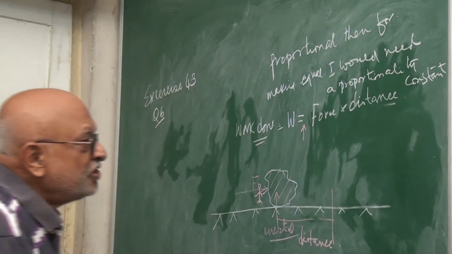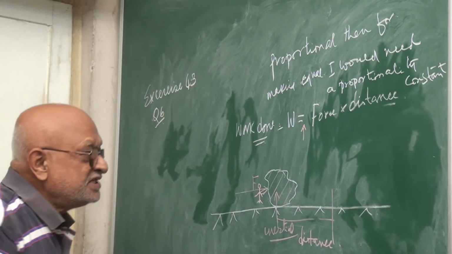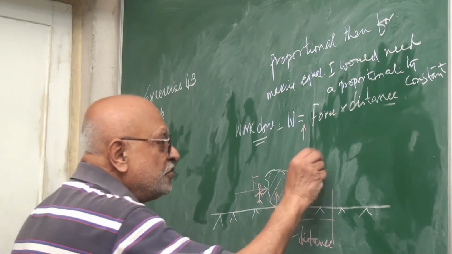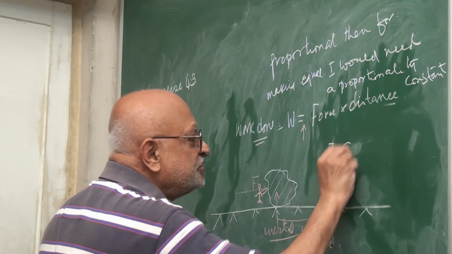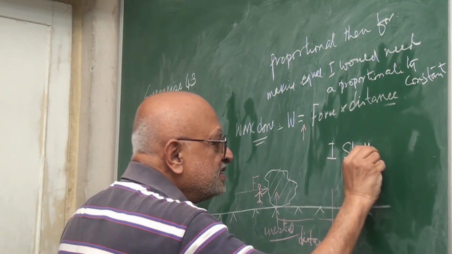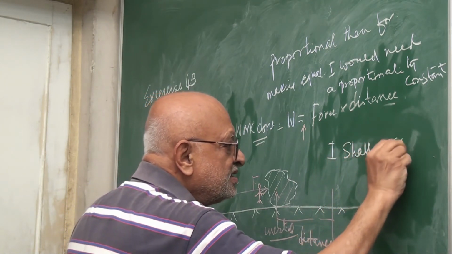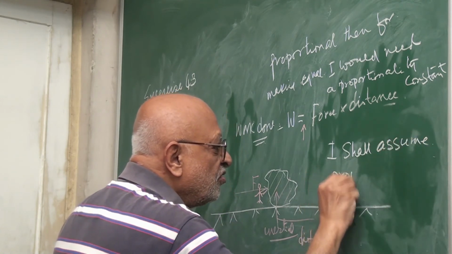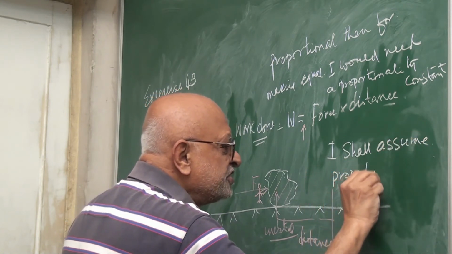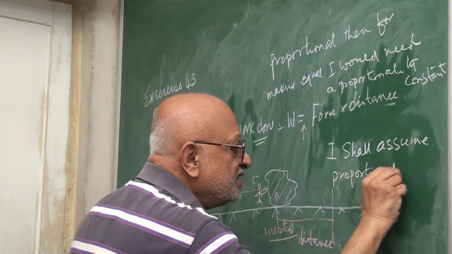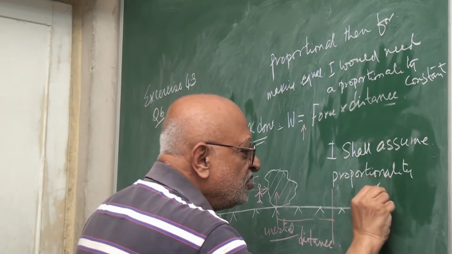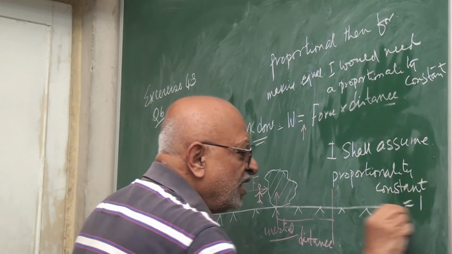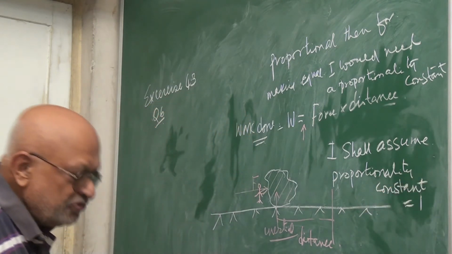That is not mentioned. It says just make it equal. So I shall assume the proportionality constant equal to 1. It is not given, I don't know.